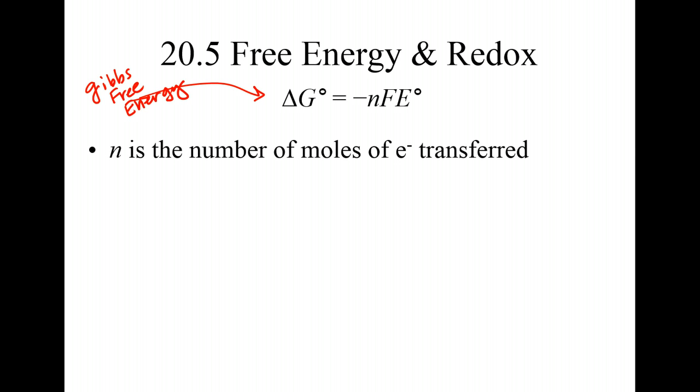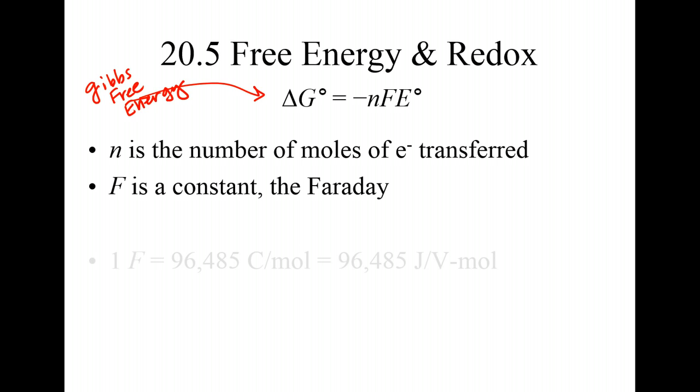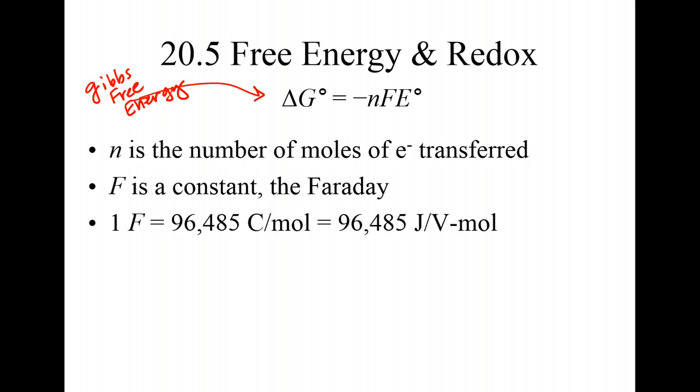n is the number of moles of electrons transferred in the redox reaction, so the number of electrons lost and then gained. F is a constant, which is called the Faraday. And 1 Faraday is equal to 96,485 coulombs per mole, and that coulombs per mole is really coulombs per mole of electrons.